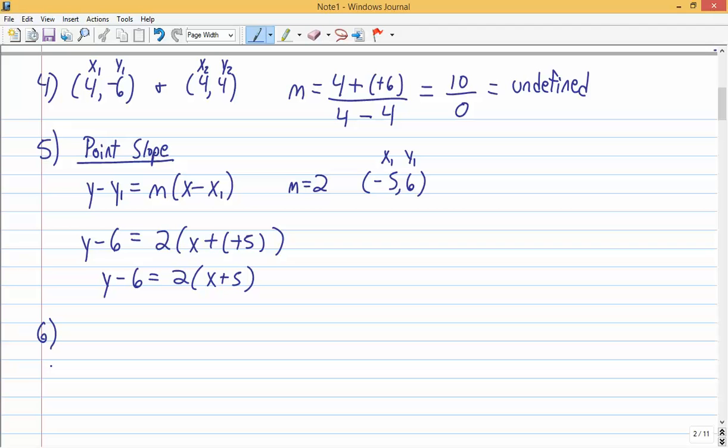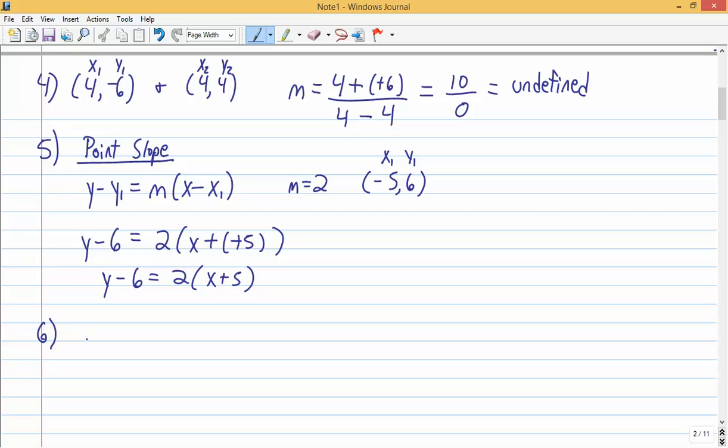Alright, problems number 6 and 7. The directions say use the given conditions to write an equation for the line in slope-intercept form. So we're going to do the same thing that we just did. We're going to first put it in point slope form. But then we're going to make it y equals. That will put it in slope-intercept form.